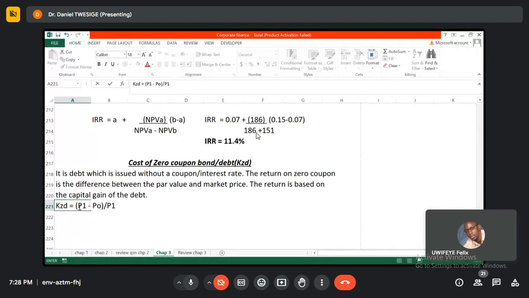Why do you divide by P1? Because you are looking at the current price. What's the price? How much is it selling? Because P1 is the current price. And the P0 is the par value.